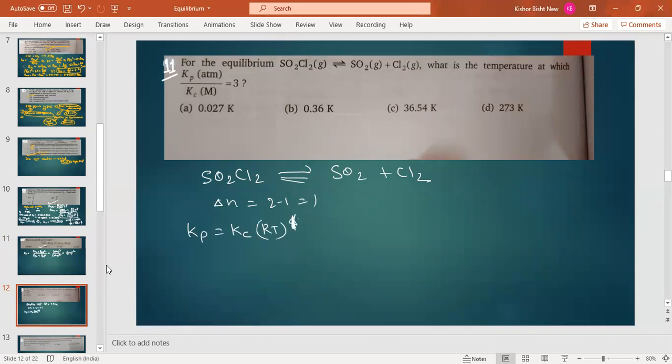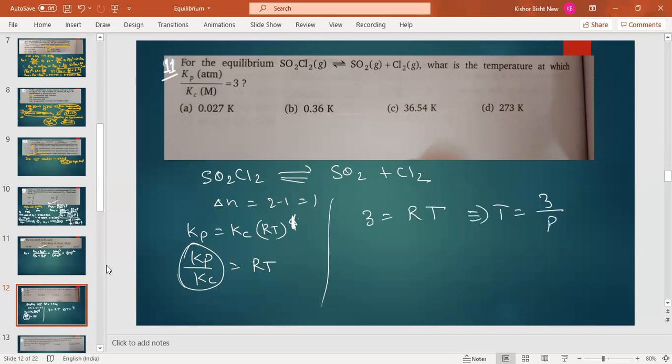So Kp upon Kc is equal to RT, and this value is given as 3. So 3 is equal to R into T. So you are going to find the temperature. Temperature is equal to 3 upon R, and R value is 0.0821, so T is 3 upon 0.0821.